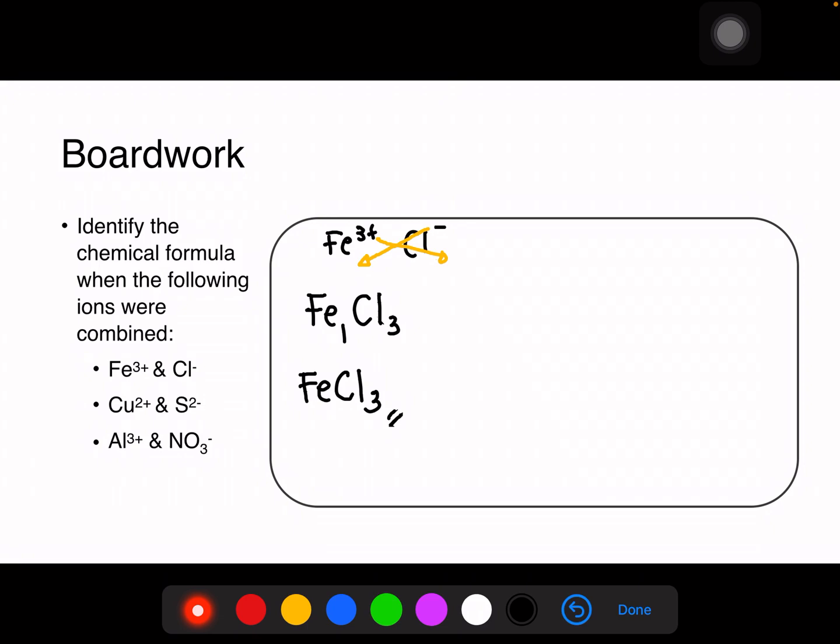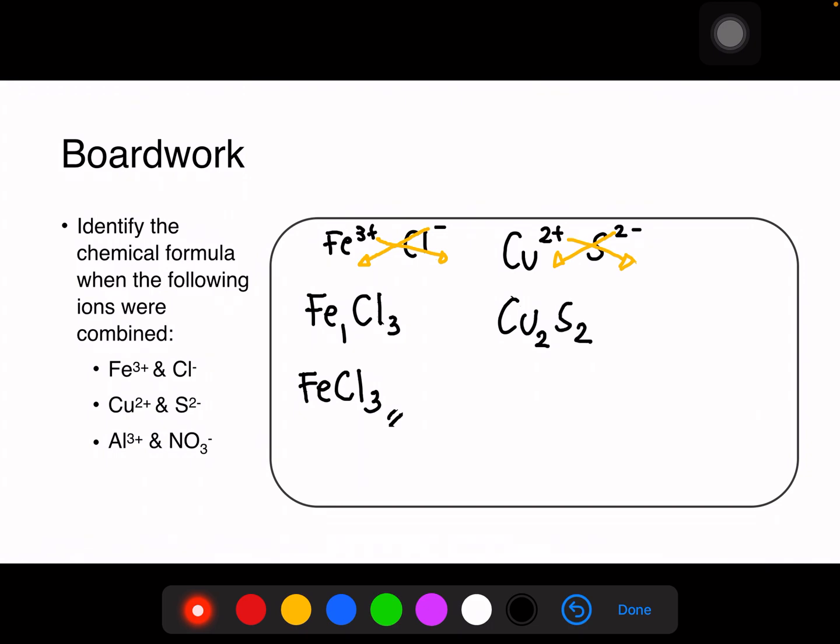Okay, next one, Cu 2 plus and sulfur 2 minus. Charge crossing technique, 2 plus going to the right side, 2 minus going to the left side. So we will be having Cu2S2.